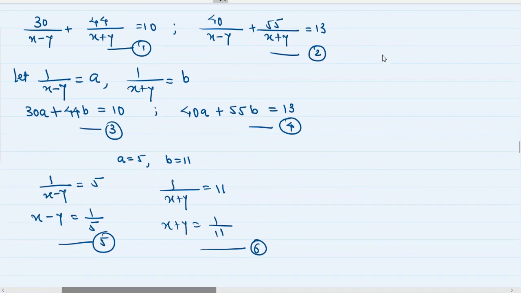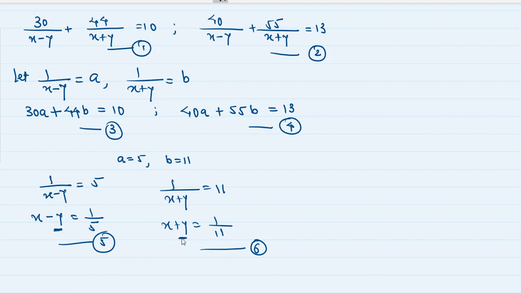So let's solve this and get the value of x and y so that we can confirm the answer is correct or not. So we will solve these two equations 5 and 6 by the method of elimination by equating coefficients, and we already know the coefficients of y which have opposite signs are equal, right?